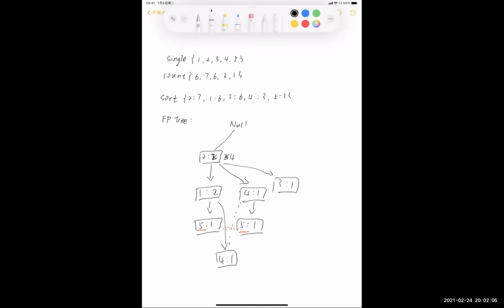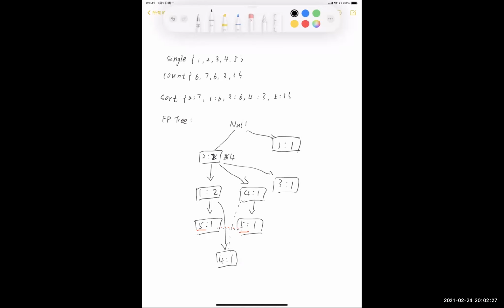Okay. And 2, 1, 4. Yes. And the fifth transaction is 1 and 3. So starting from null, it doesn't share the same prefix, so we need to generate another node.